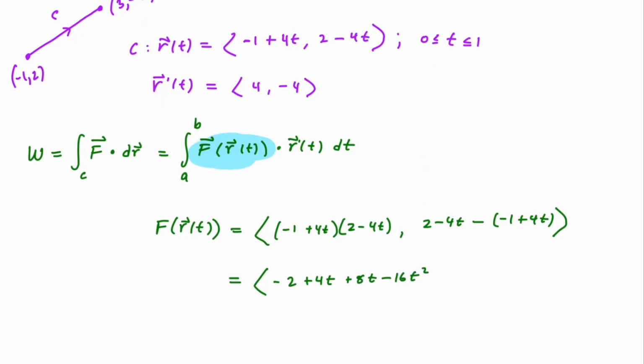Combining like terms gives us -2 plus 12t minus 16t squared for the x component. For the y component, we just distribute out the negative. I get 2 plus 1, that's 3, minus 4t, and minus 4t from the first term gives -8t. So that's our f of r of t.